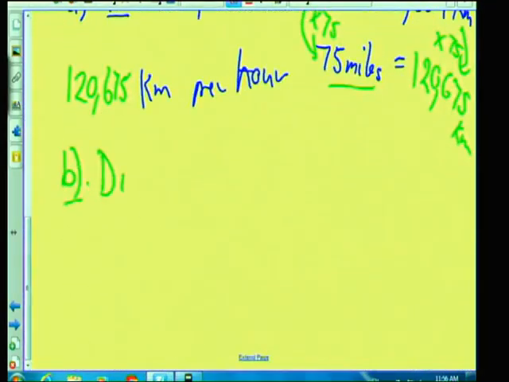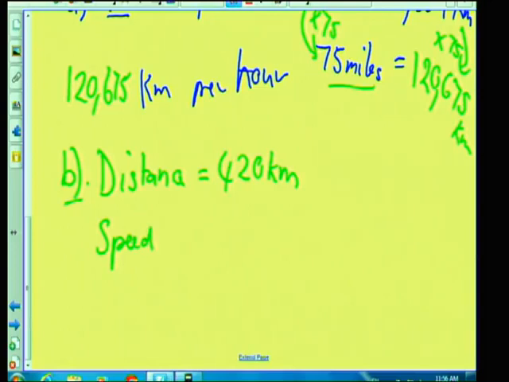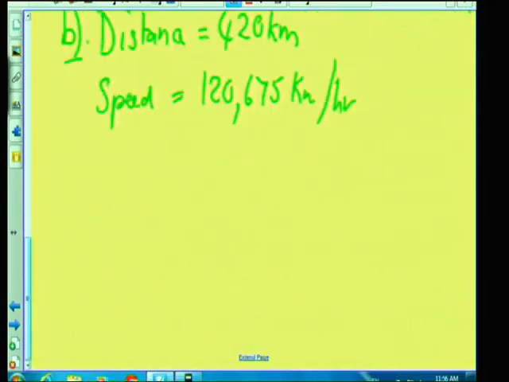The distance she has to travel is 420 kilometers. Her speed, her average speed, is 120.675 kilometers per hour. And I want to know the time.